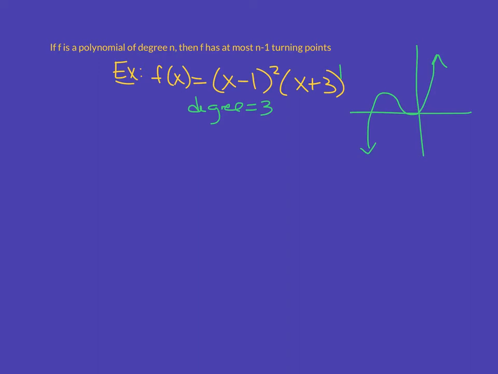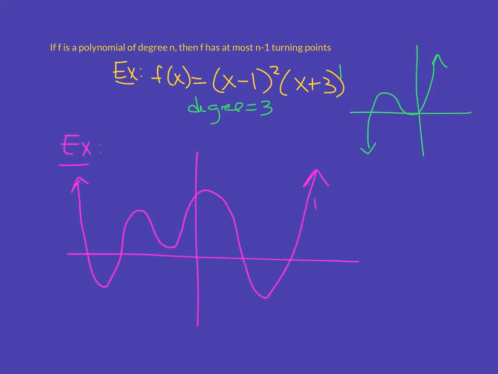The converse is also true, meaning the opposite direction. So if we have n minus 1 turning points, the degree has to be at least n. I'll give you a quick example of that. So if you get something like this, it's super complicated. I don't actually know the equation of this without more information.